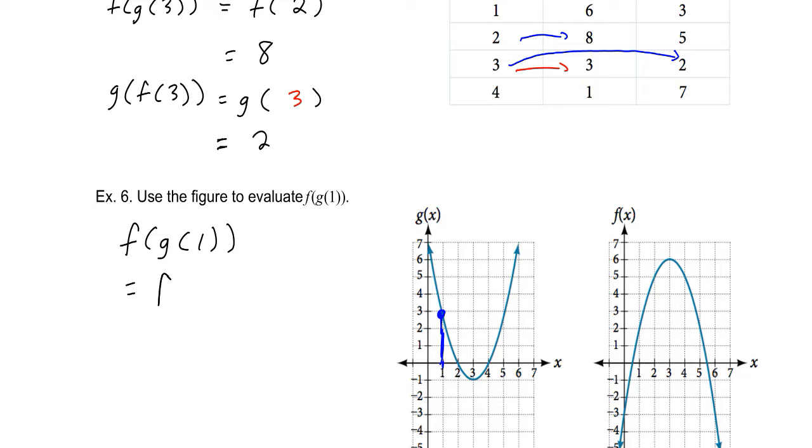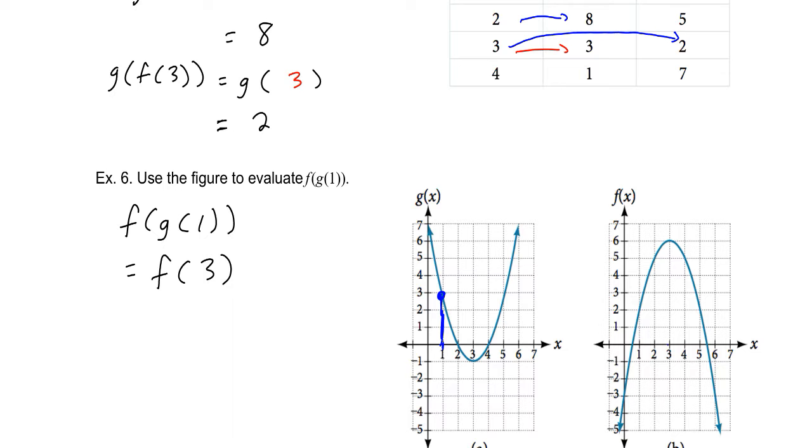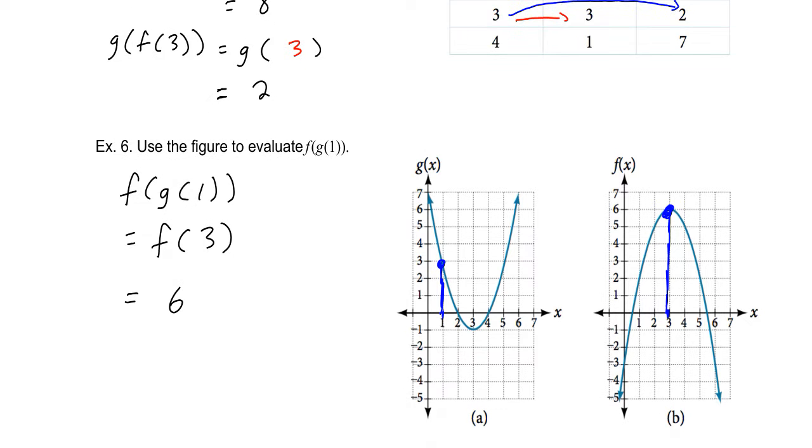This is f of 3. Now we take an input of 3 into the function f. If the input into f is 3, my output is this point, which is 6. So f of g of 1 is 6. Probably should have traced these over here to note that that is my output.